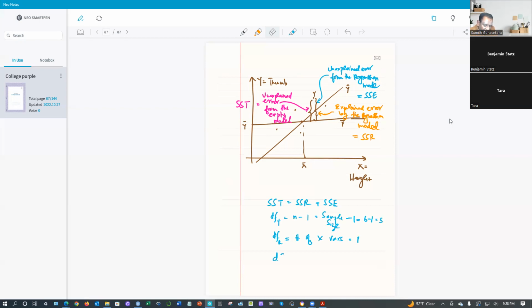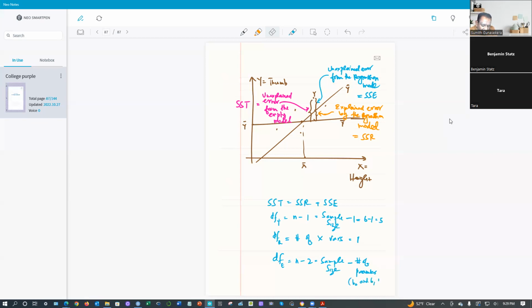And the degrees of freedom of error is n minus 2, which means sample size minus number of parameters. I'm going to call them B0 and B1.